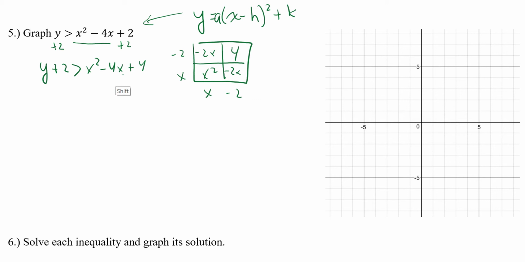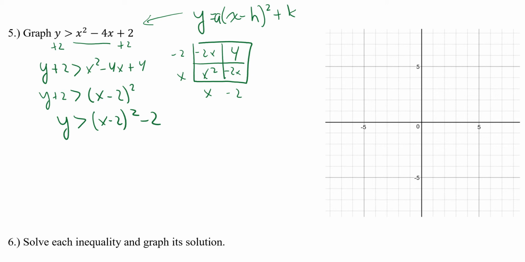So now we've got our perfect square, and we know its factors, so this is going to be x minus 2 squared. And then I want to move this over here, so then I have y is greater than x minus 2 squared minus 2.